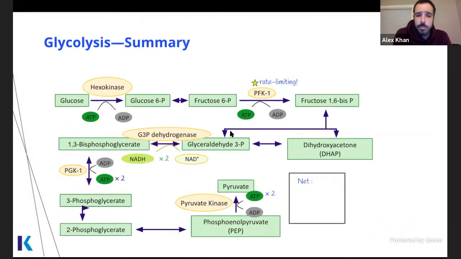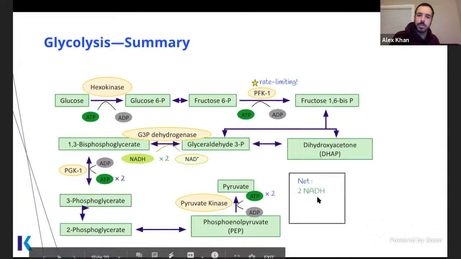Cool. So to summarize, one glucose molecule breaks into 2 glyceraldehyde 3-carbon molecules. So one glucose molecule will net 2 NADH molecules, so we put that here in the net. What's the net result from glycolysis? We got 2 NADH molecules and 2 ATPs.